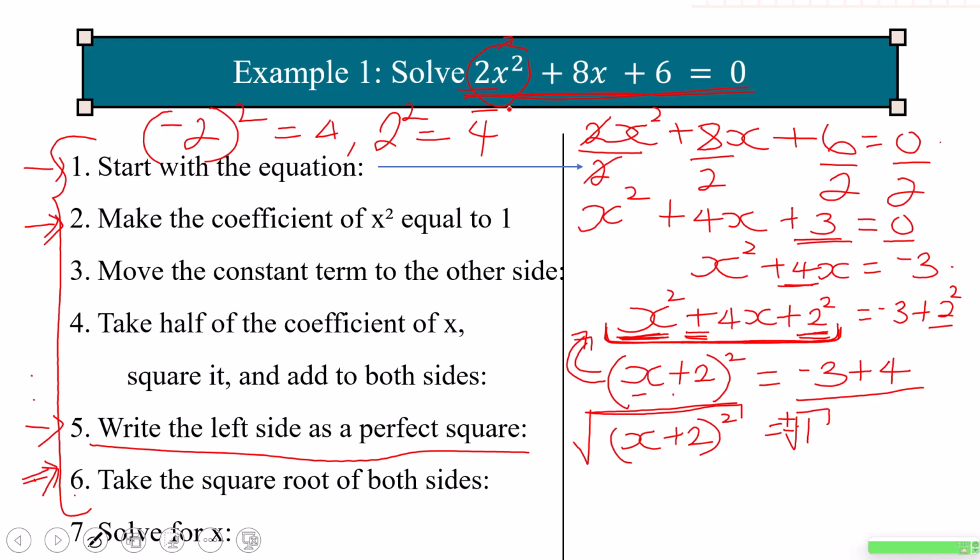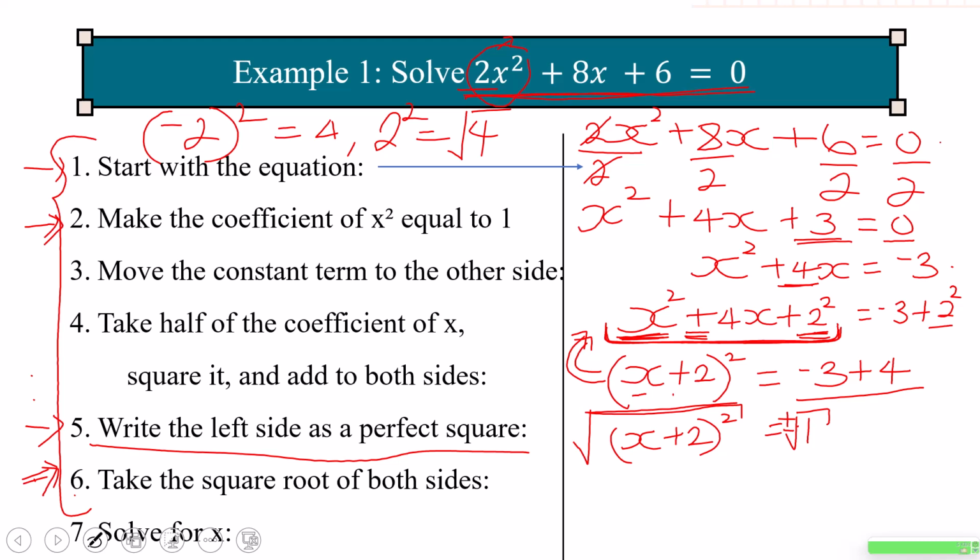That means if I take the square root of 4, I'm supposed to get either a positive 2 or a negative 2. That is why when we take the square root, we put a plus and a minus, because squaring a negative and squaring a positive give us the same number.